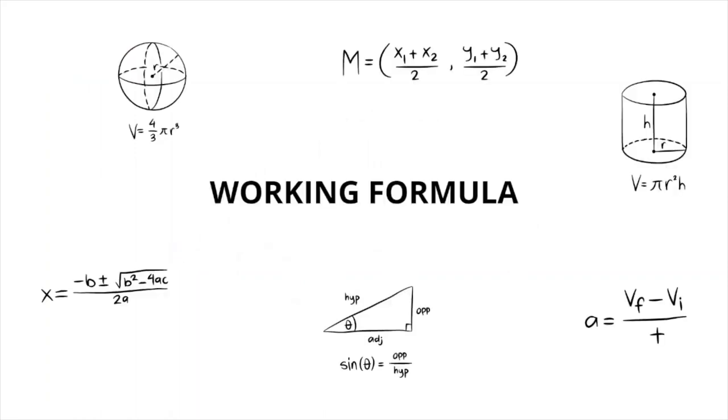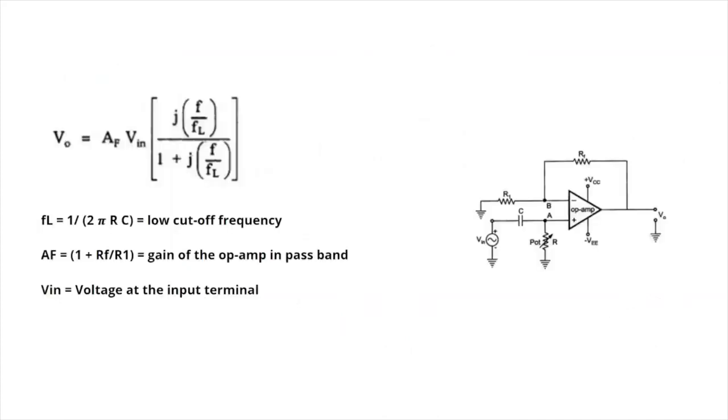So let's begin with the working formula which will be required in order to complete this virtual lab. Here we have the formula VO is equal to AF times j(f/FL) divided by 1 plus j(f/FL), where FL, which we know is the cutoff frequency, is given by 1 by 2 pi RC.